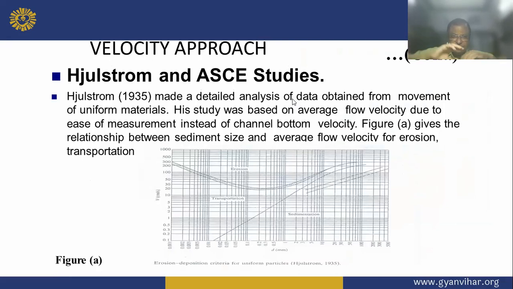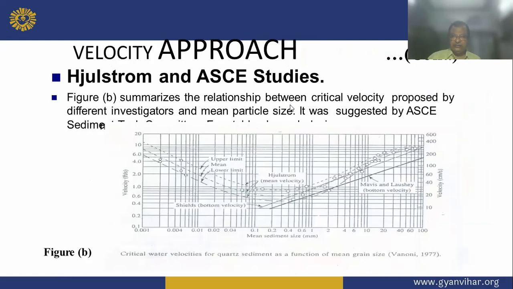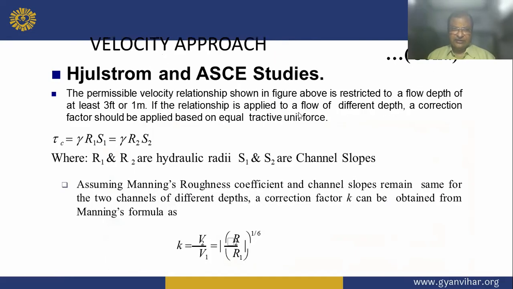Now Houston and AISC study, this is also for Shields. What is the Shields position? Actually, the Shields deposit is at the rolling stage, and it will be transferred also. This is the form of the Shields diagram and the AISC study.